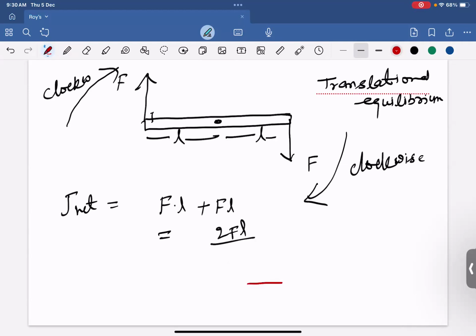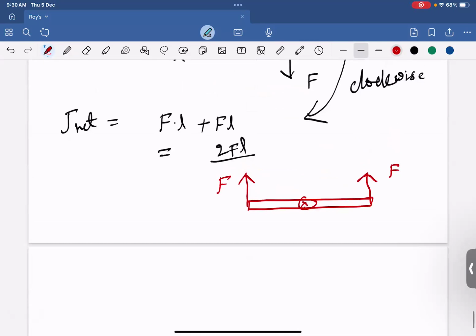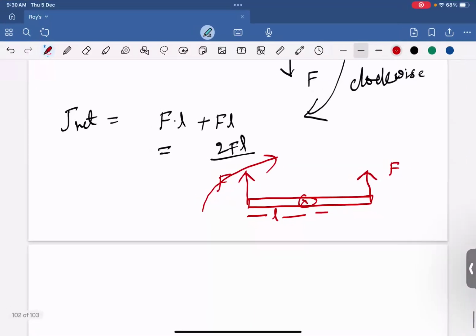But if I have a rod fixed here with one force F here and one force F here, with forces in the same direction, that will be balanced by the support force. But this F is trying to rotate in clockwise direction, while this F is pulling upward, which will try to rotate in anti-clockwise direction.